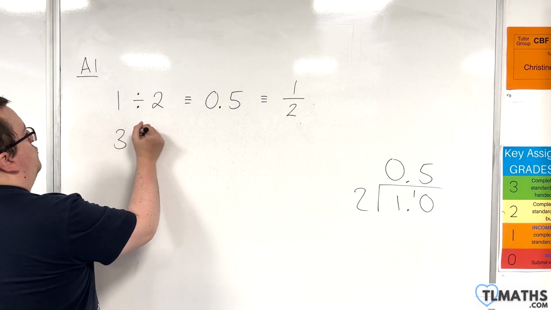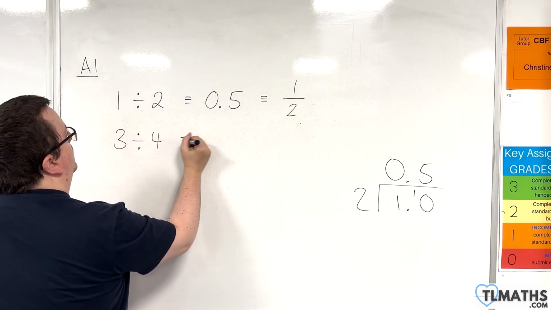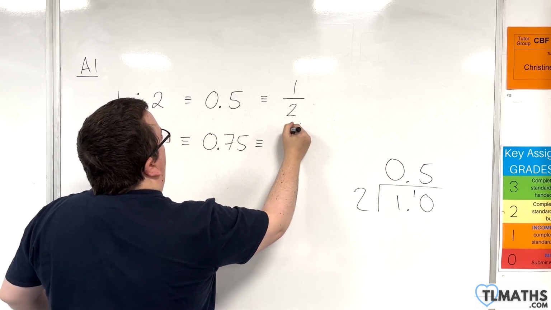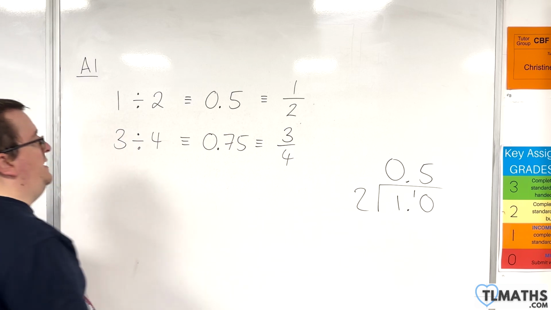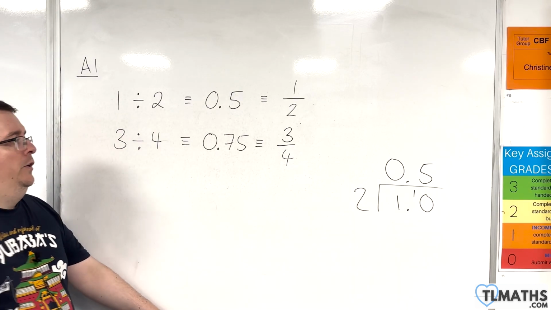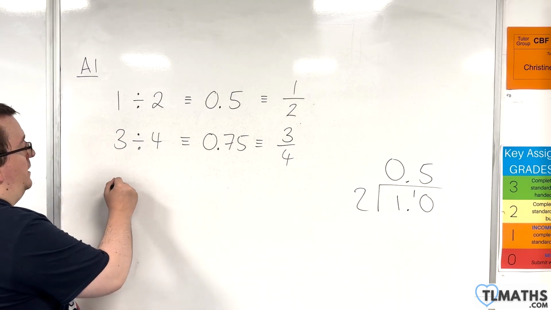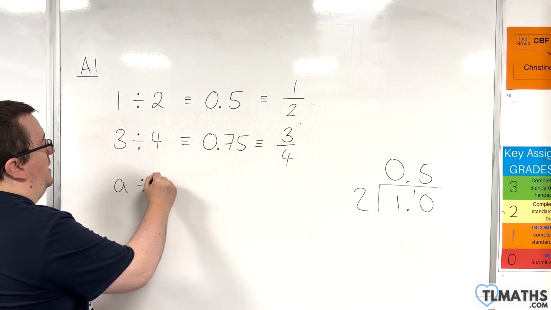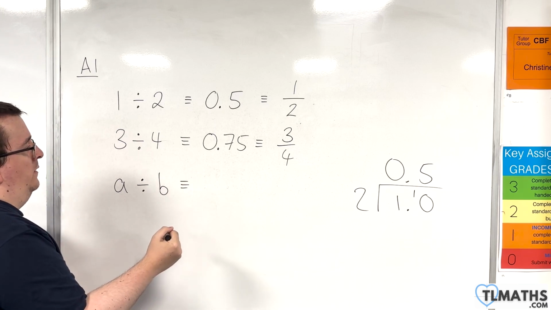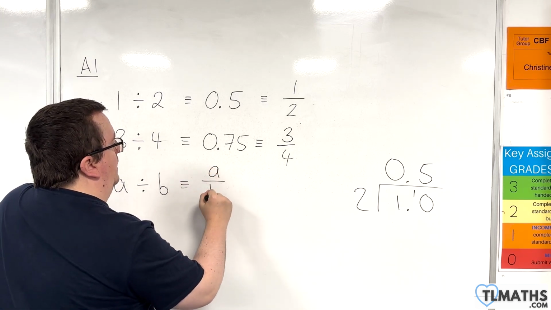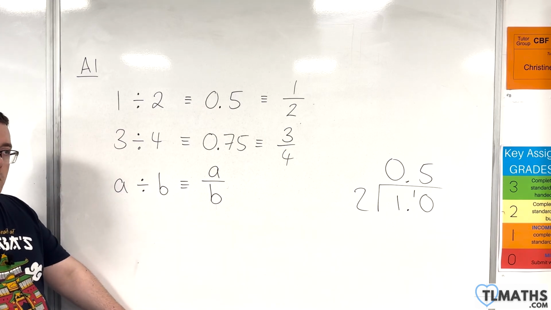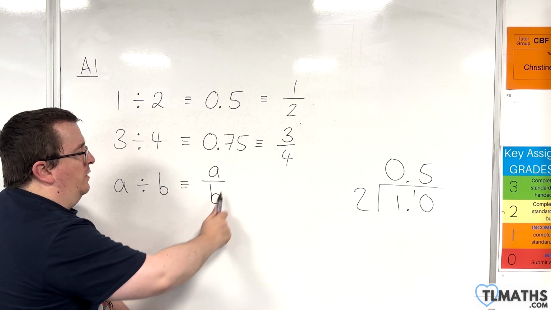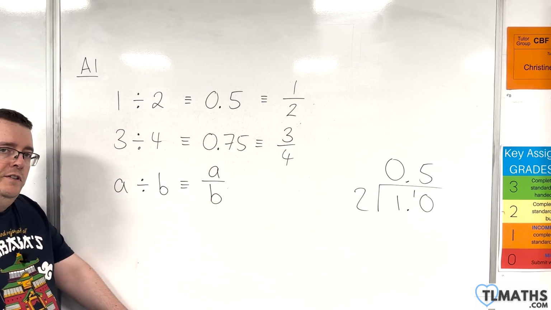So if I've got 3 divided by 4, then this is, as a decimal, 0.75, this is 3/4, 3 divided by 4. So if I've got something like A divided by B, then this is the same as A over B. Okay, so this way of writing our algebra is much more useful than using the division symbol.